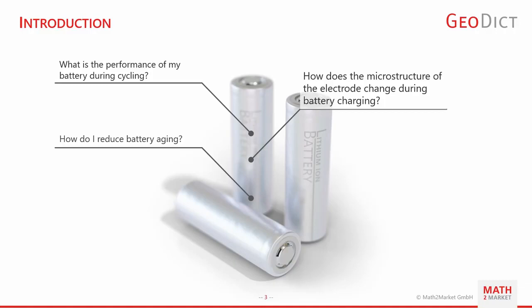The digital approach is to use GeoDict to simulate the local stresses and expansion of the electrode microstructures due to the local lithium-ion concentration in the active material during charging and discharging of the battery. The simulation monitors and predicts the influence of microstructural changes on the battery performance.